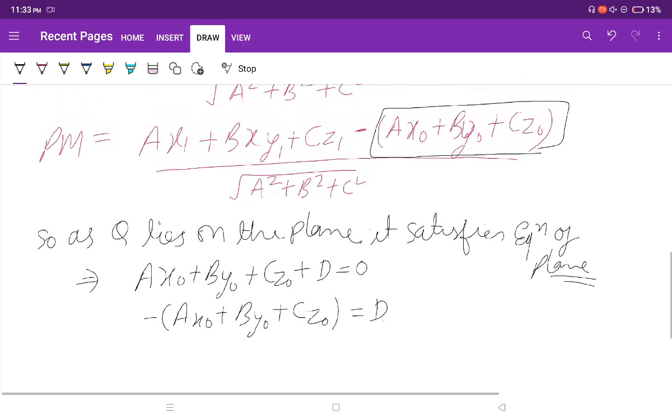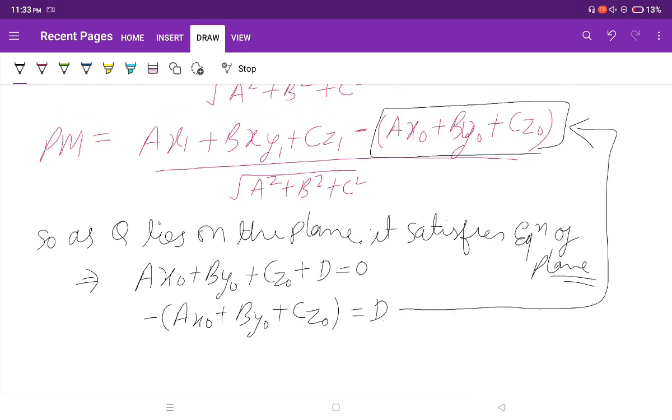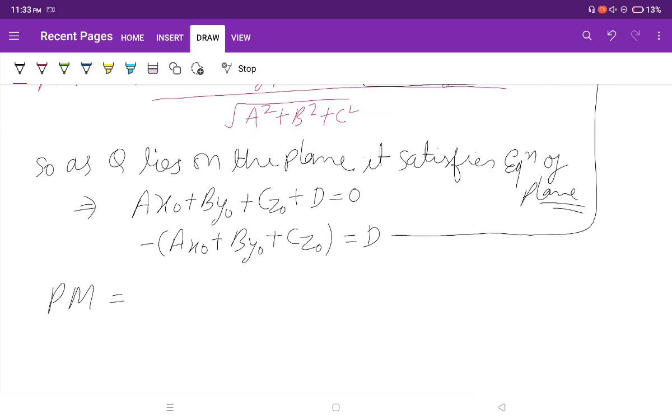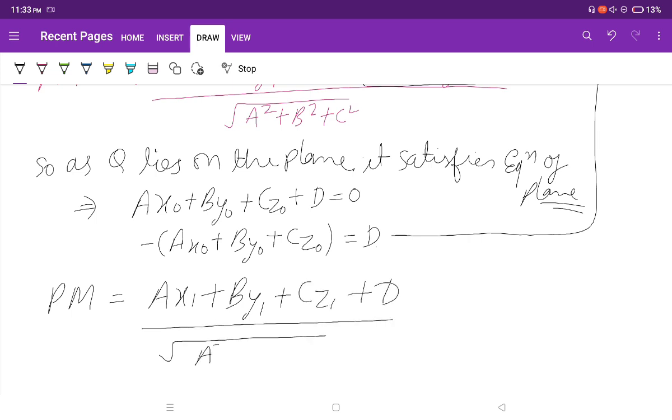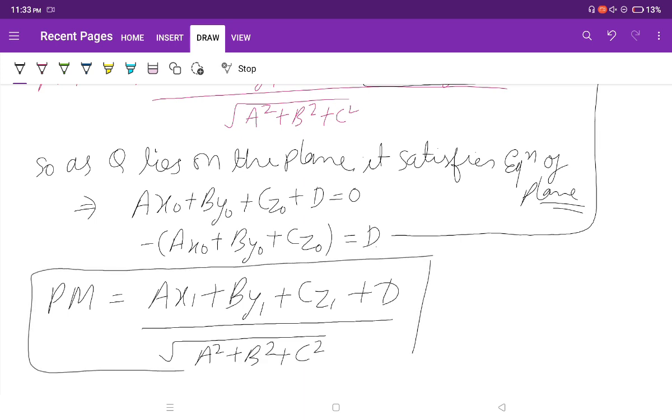So we will put this equation here. We will get the final value of PM as a x1 plus b y1 plus c z1 plus d over the square root of a square plus b square plus c square. So this is the formula for the perpendicular distance of a point from a plane, correct. Thanks.